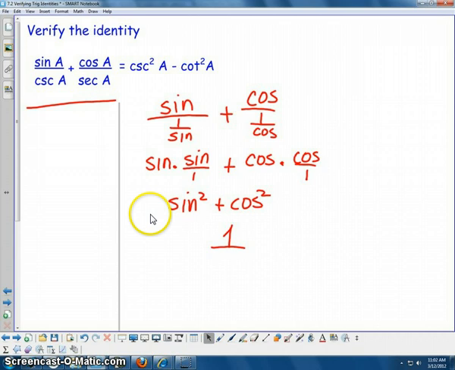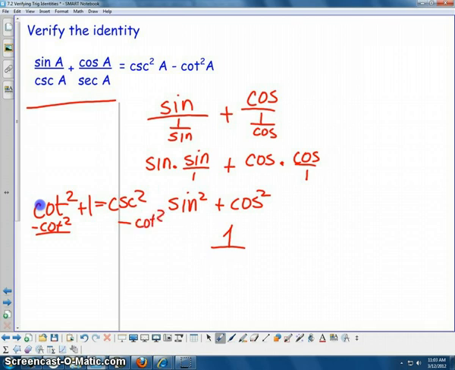Now, yesterday we had written down in our Pythagorean identities cotangent squared plus 1 equals cosecant squared. Well, if I subtract cotangent squared from both sides, my 1 also equals cosecant squared minus cotangent squared.